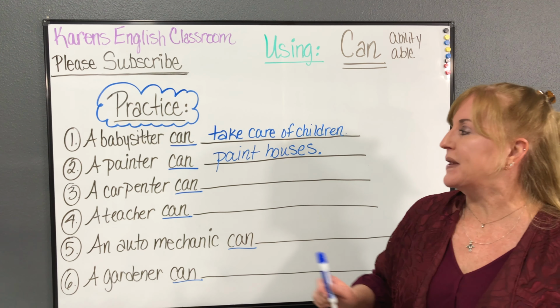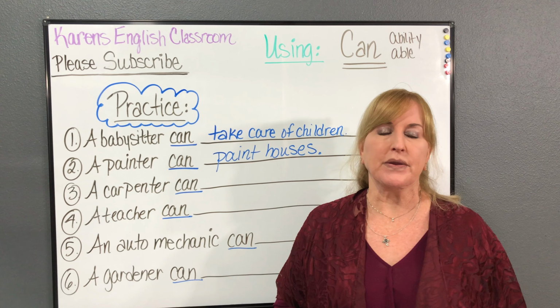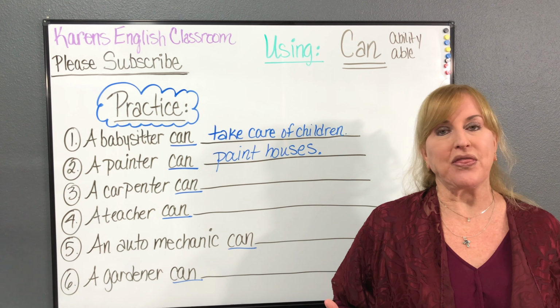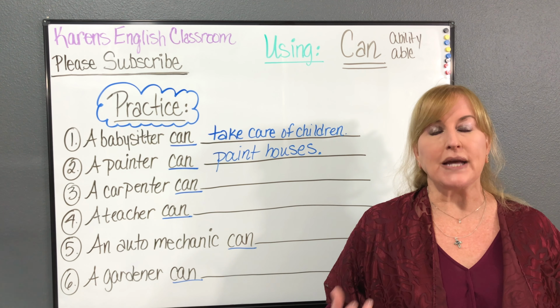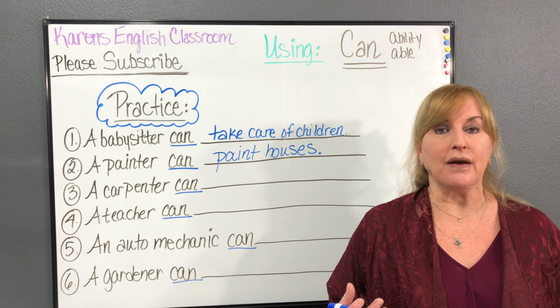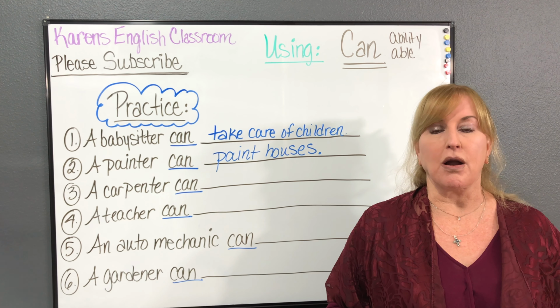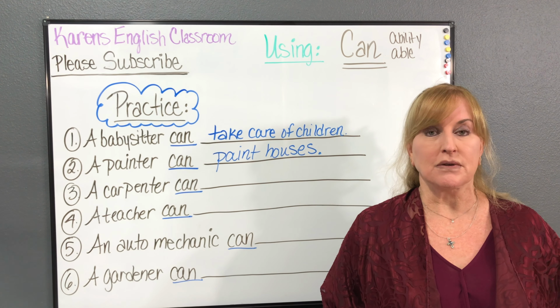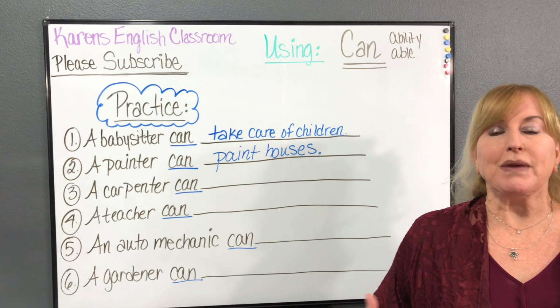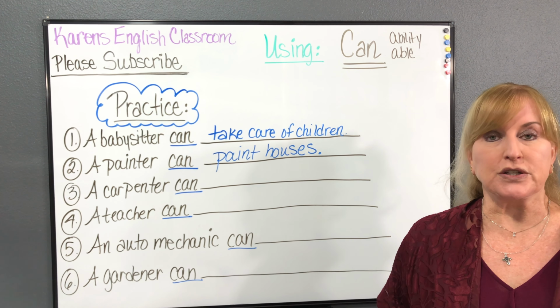Okay, now let's think about a carpenter. A carpenter, the job is they make things with wood. So wood. All right, so a carpenter can make furniture. A carpenter can make a house. A carpenter can make a table, part of furniture.